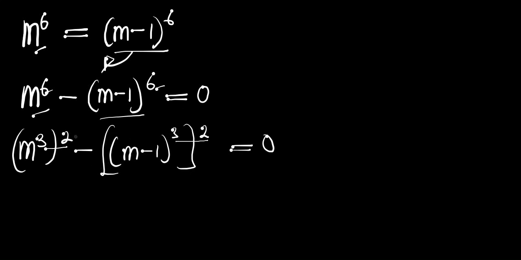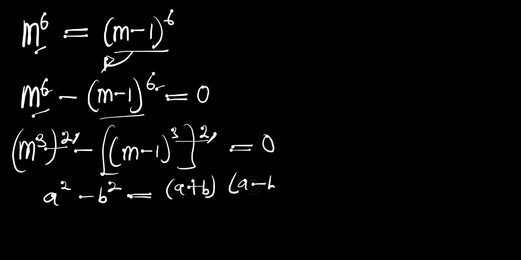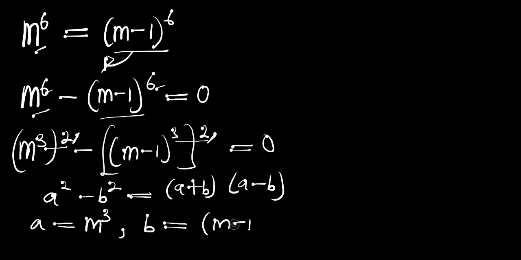Now look at what we have here. The exponent here is 2, and the exponent here is 2. So we can make use of the difference of two squares: a squared minus b squared equals (a plus b) times (a minus b). From this equation, our a equals n power 3 and b equals (n minus 1) power 3.